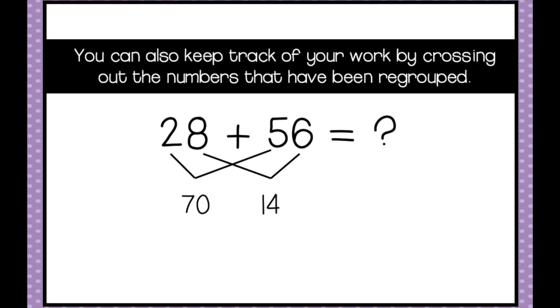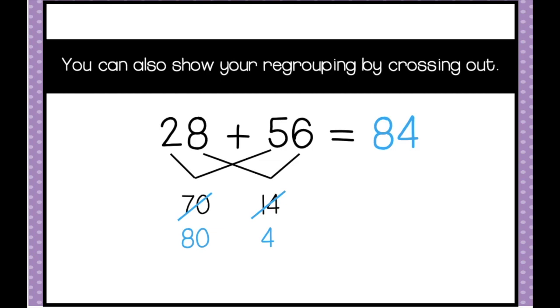Another way that you can do this is you can keep track of your work by crossing out the numbers that have been regrouped. So again, we've got 28 plus 56. We've added the tens and we've added the ones. Now we can see that in 14 in the ones, there's actually a 10 in there, and we can't have that.